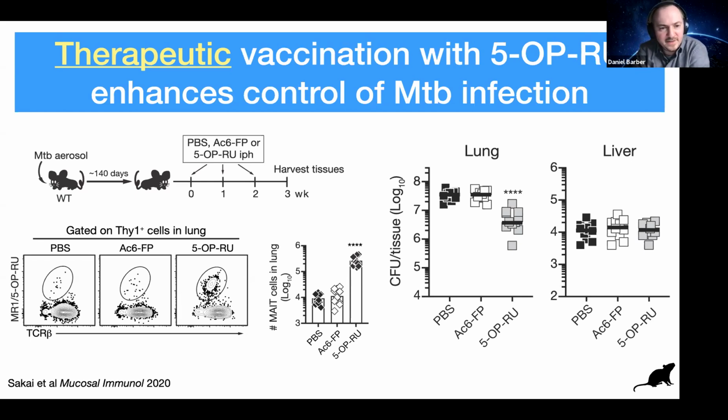And we can't think of any other immunological intervention that would result in a log drop in bugs in 3 weeks. I mean, even injecting peptides for conventional CD4 T cells wouldn't give you anything near this. And of all things, it's MAITs, which didn't have a role in the endogenous response. So this was really quite a surprise to us.